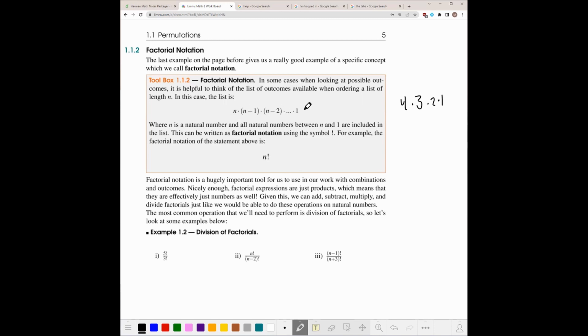And of course, when I say all the numbers before it, I mean all of the natural numbers before it. So don't throw any decimals at me. That's a really helpful concept when we deal with the fundamental counting principle, because we're going to end up doing a ton of that.